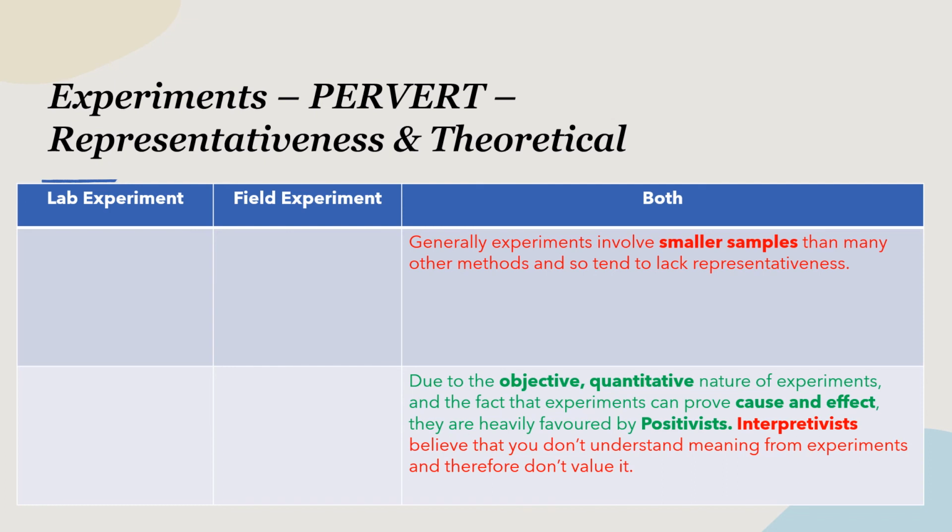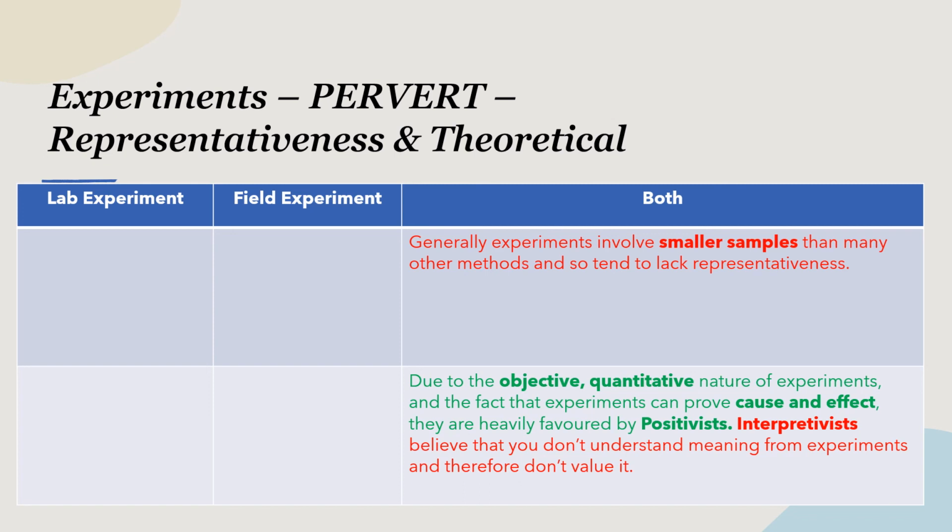Because of the highly controlled nature of them, you can't really do it with loads and loads of people. Usually lab experiments will probably have smaller samples than field experiments, but it can vary. But on the whole, compared to something like a questionnaire or a structured interview, we're talking about small samples, and therefore they tend to lack representativeness.